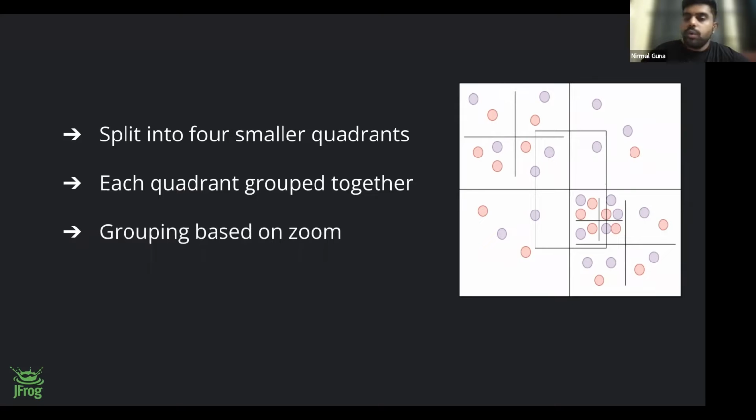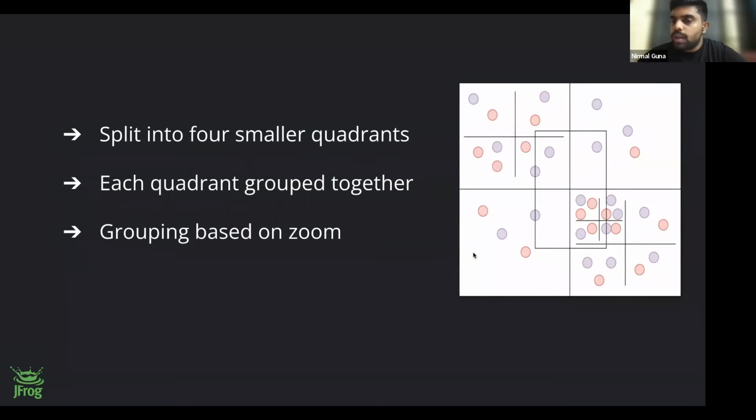And how we are going to group them is, let's say you have 6 levels of zoom, 6x. When you are in 1x, the whole parent is 1x, and it will be split into 4, and whichever points lie in the first quadrant will be grouped together, the second will be grouped together, and so on.